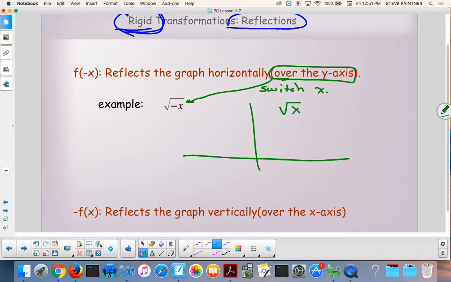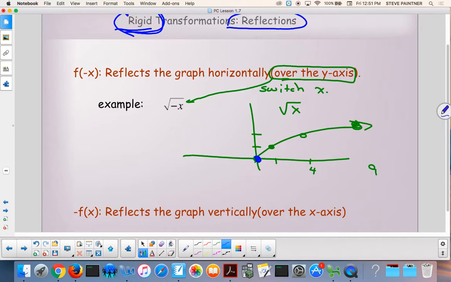What does the parent look like? Give me 0, 0, sideways. 1, 1, or 2. 4, 2. Okay, there it is. 9, 3, if you get that far. So when you do this one, it's a reflection over Y. How do you reflect 0, 0?